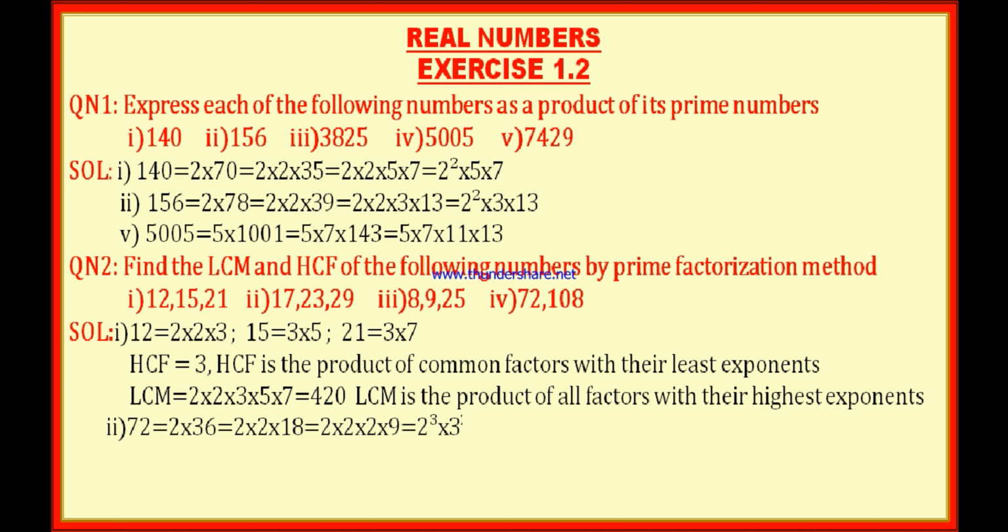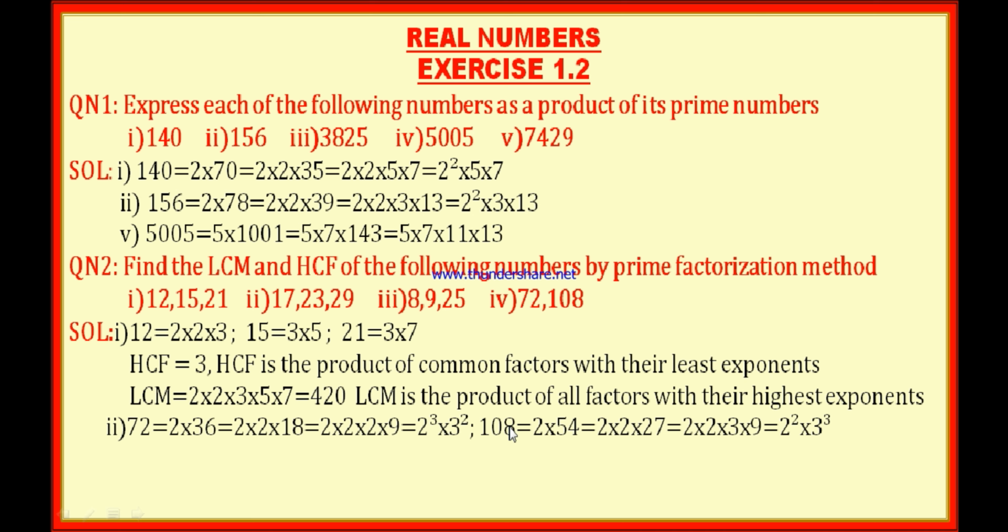And the second bit. We will solve the fourth bit now. 72 and 108. Let us divide 72 into prime factors. 2 in 72, 36 times. And again 2 in 36, 18 times. And again 2 in 18, 9 times. And now this 9 can be written as 3 into 3. Now 2 into 2 into 2 is 2 cube into 3 square.